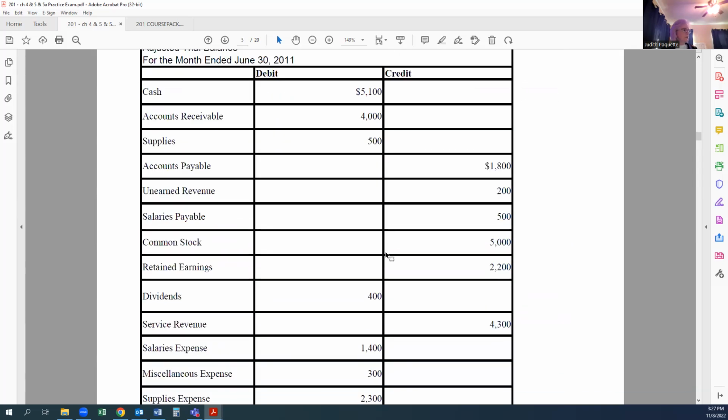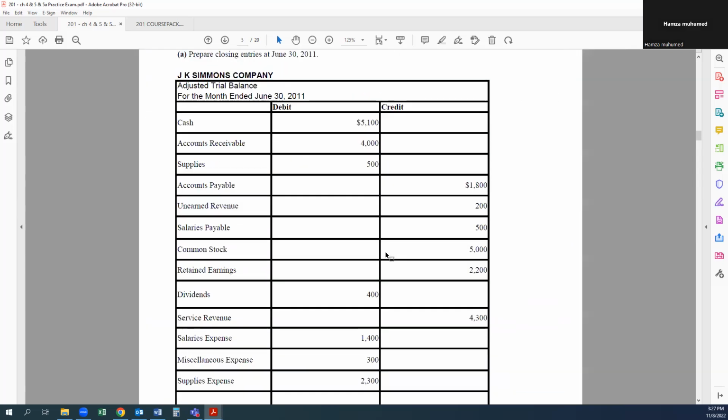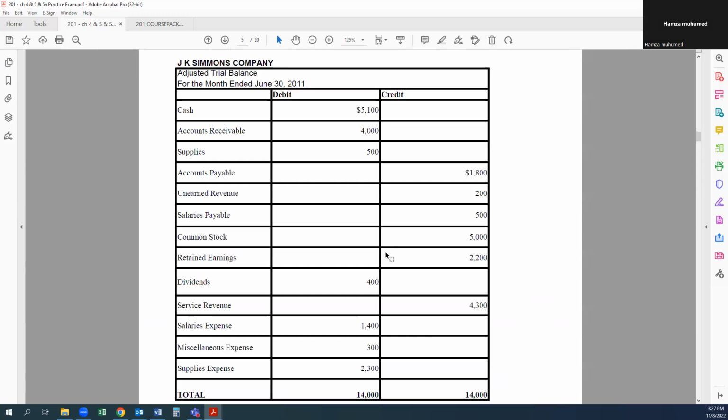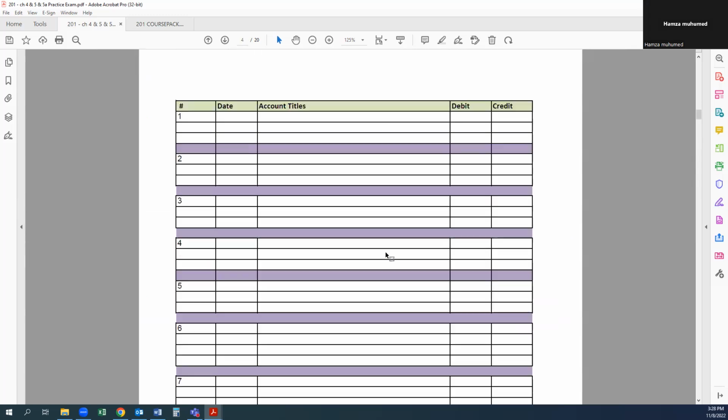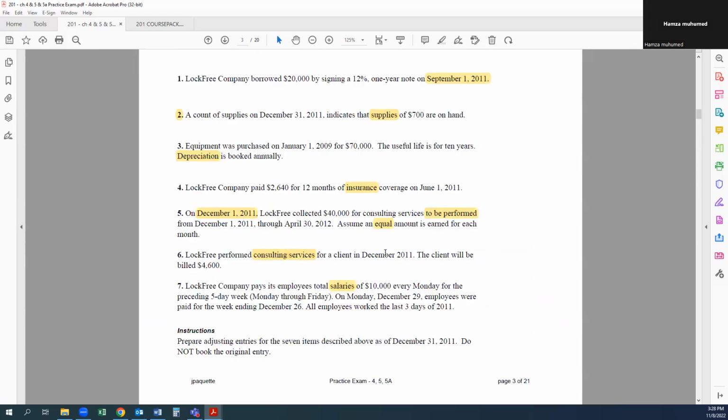So let's look at the closing journal entries. Now, I had a question. Go ahead, Hamza. It's for the third one, the previous exercise 1. I checked the answers, and it said for question 3 that we would debit depreciation expense 7,000 and credit accumulated depreciation 7,000.